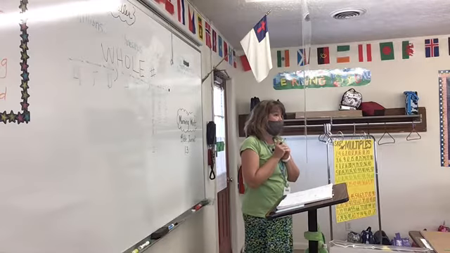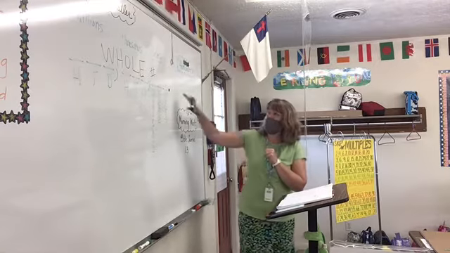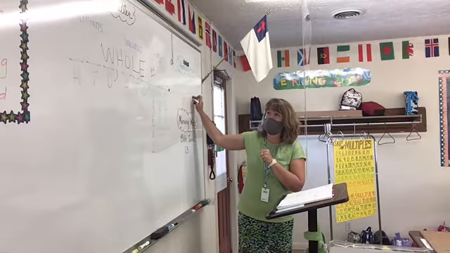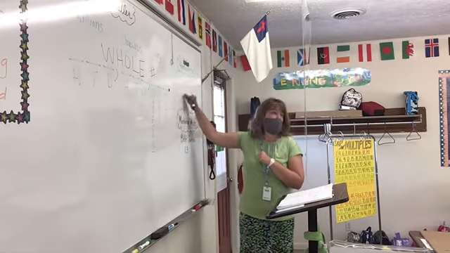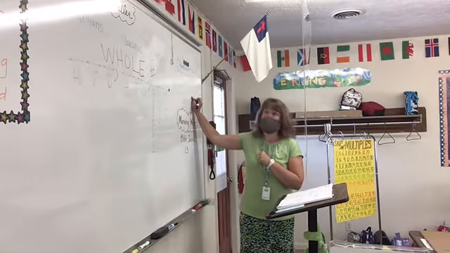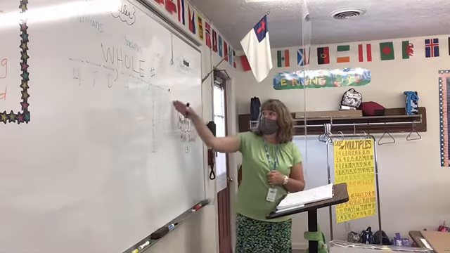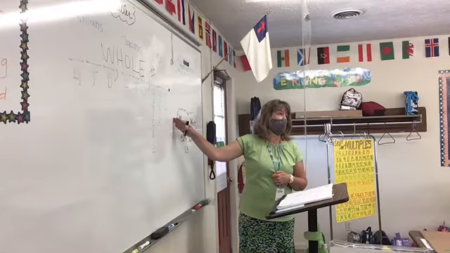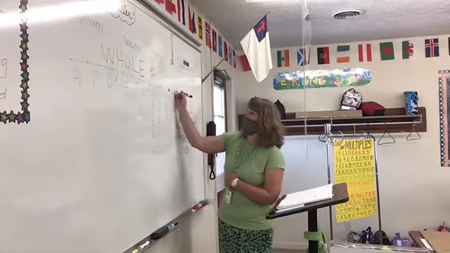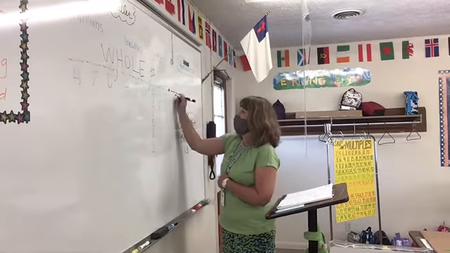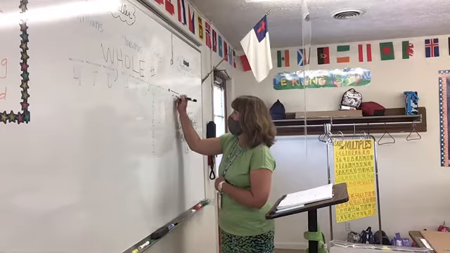Okay, it's a piece. So to the right of our decimal point, we also have place values. Okay, now the one thing different is that we do not have a ones place on this side. Okay, so our first place value is called tenths.